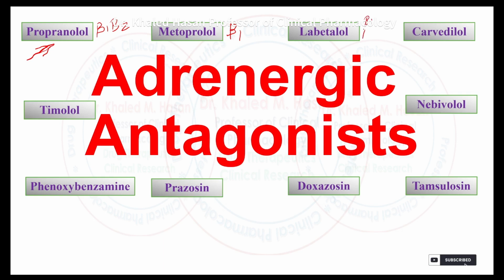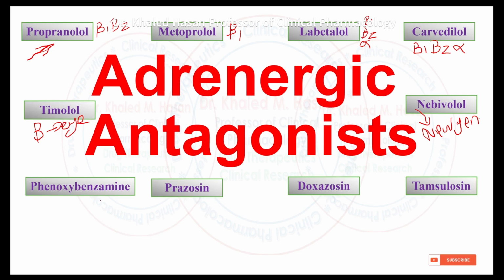Labetalol blocks beta 1, beta 2 and alpha. Carvedilol blocks beta 1, beta 2 and alpha. Timolol belongs to the beta blockers but is mainly used for the eye as eye drops. Nebivolol is one of the new generation of beta blockers. So the top belongs to the beta blockers.